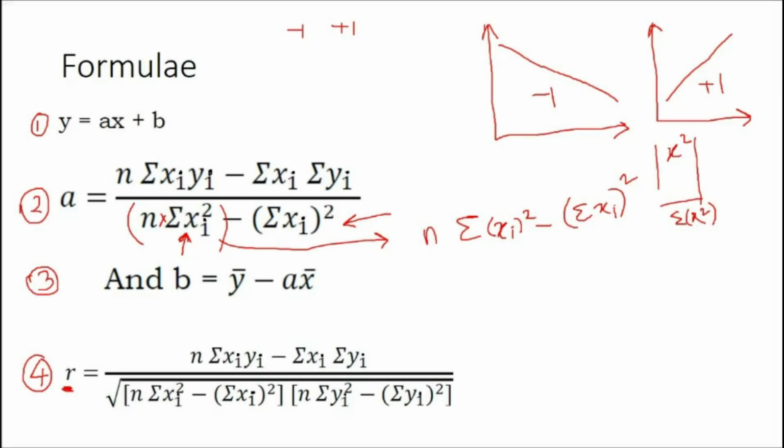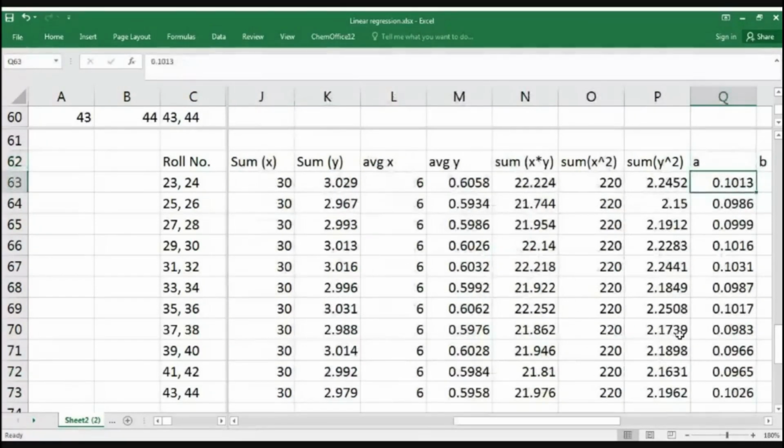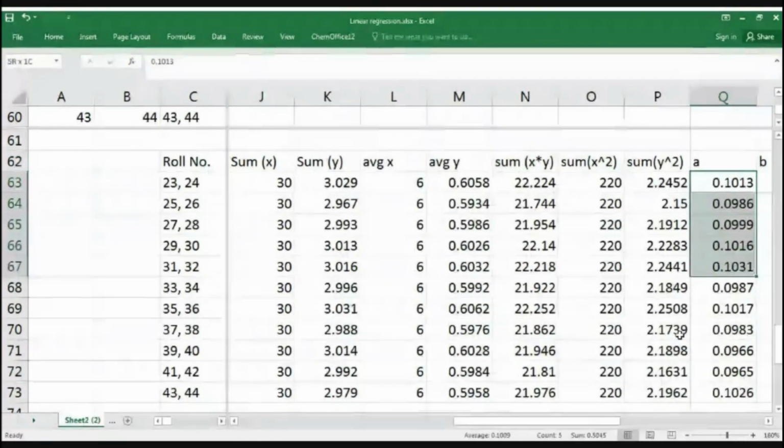Those who have got values of A, B and R, kindly write down the equation of linear regression line. Everybody. Those who have finished calculating A, B and R, write down equation of linear regression line. Let us see if your values are correct. First, let us see values of A. Okay, just check your values of A with these values.